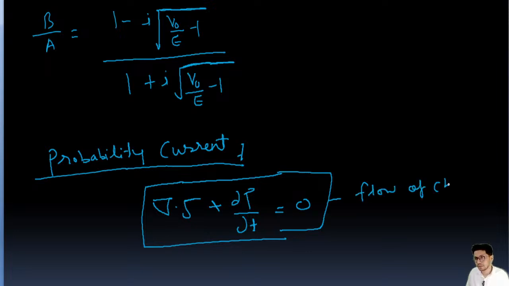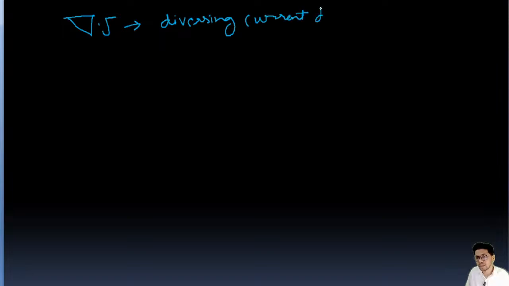Here divergence J is denoting diverging current density. So current density is diverging.